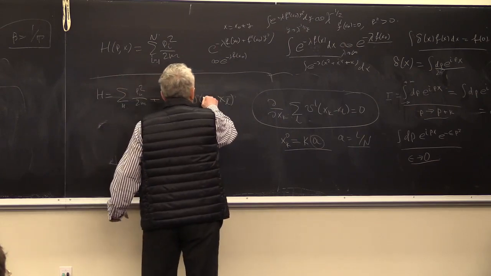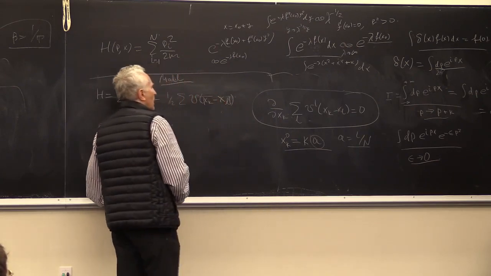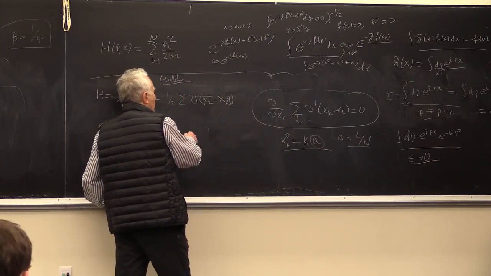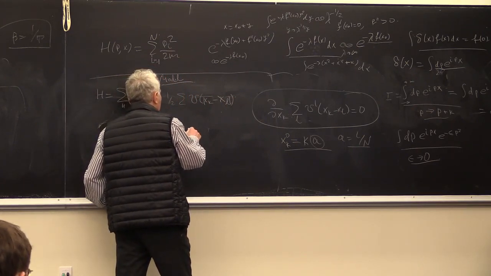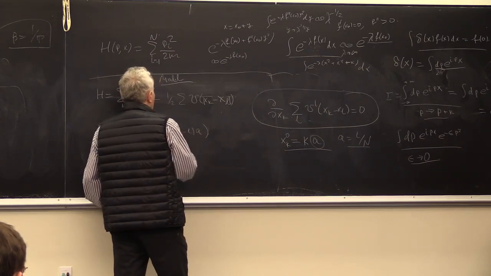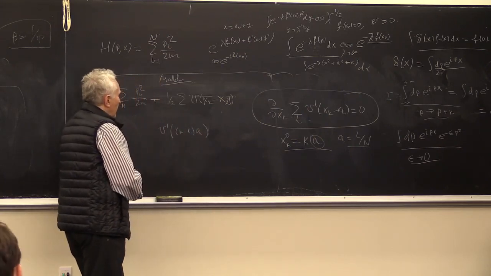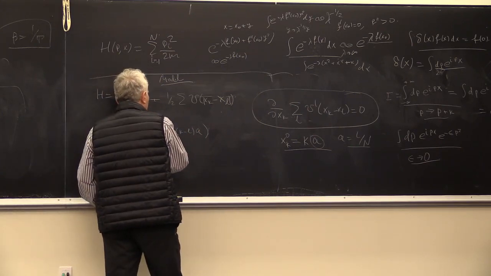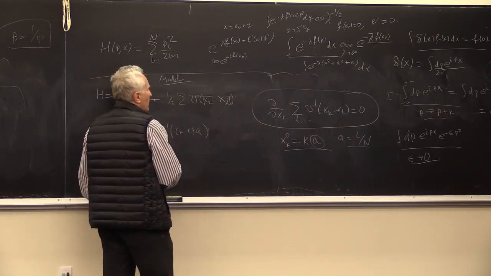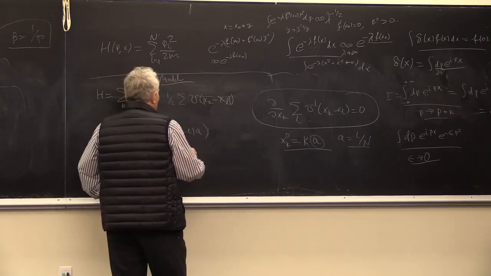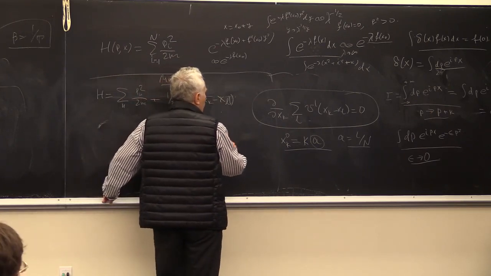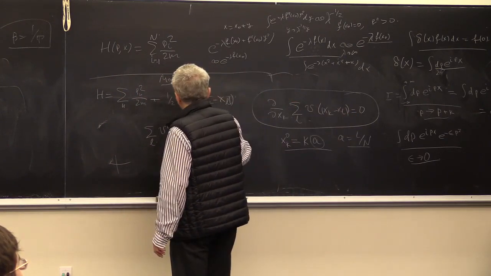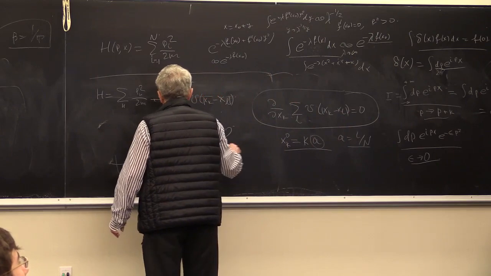I will better put the absolute value here. V prime of absolute value of k minus l times a, and I have a sum over l, and this should be 0.